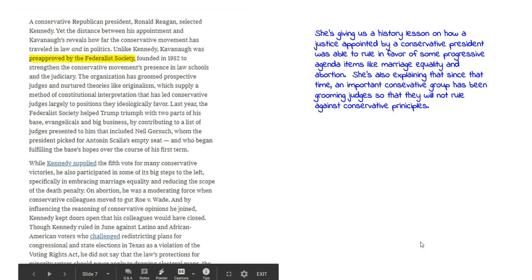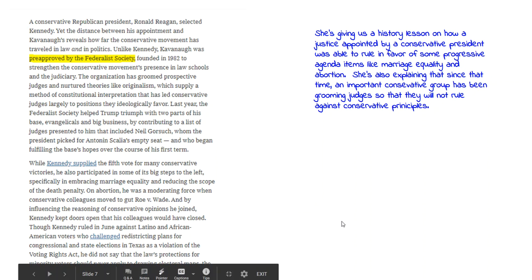Okay, she does a lot of history lesson. She gives a lot of context. And in this paper that I'm imagining writing, I think a lot of this is going to show up in my third paragraph, the paragraph of how does this article help me write my own paper.